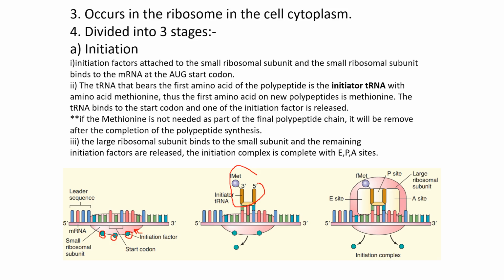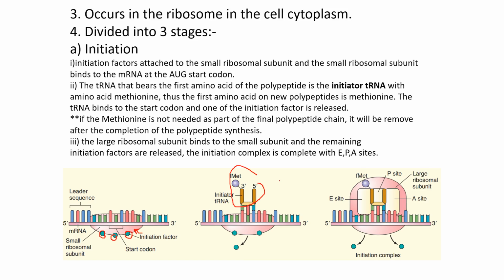Okay, because the ribosomal subunit will always bind to mRNA at the AUG start codon, and when this happens, the initiator tRNA, the tRNA that carries methionine, binds. Why methionine? Methionine will complement the AUG start codon on the mRNA.